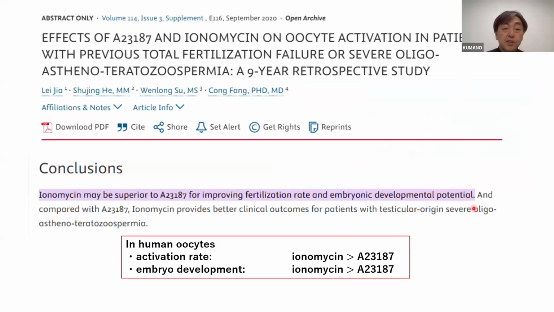The other group, the Chinese group, also reported in human that activation is higher with ionomycin than A. And furthermore, embryo developmental potential is also better with ionomycin than A.